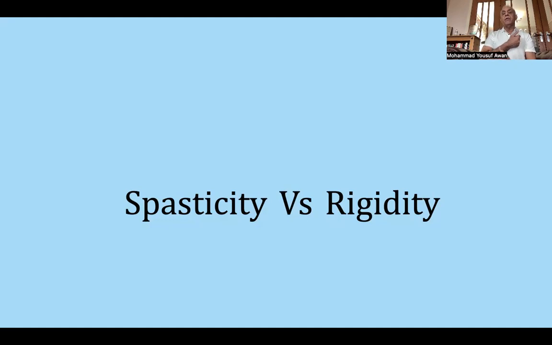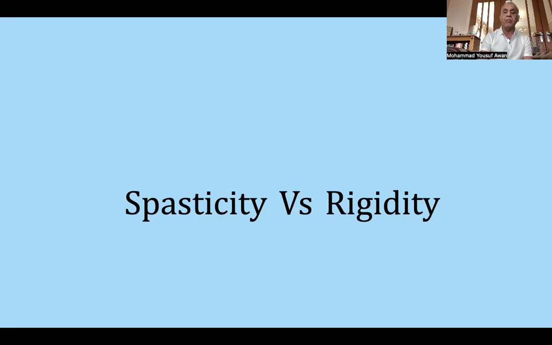So tone is increased in the flexors in the upper limb and extensors in the lower limb. This is spasticity, and it is a sign of pyramidal tract lesion or upper motor neuron lesion. Rigidity, versus that, is the sign of extrapyramidal tract lesion.